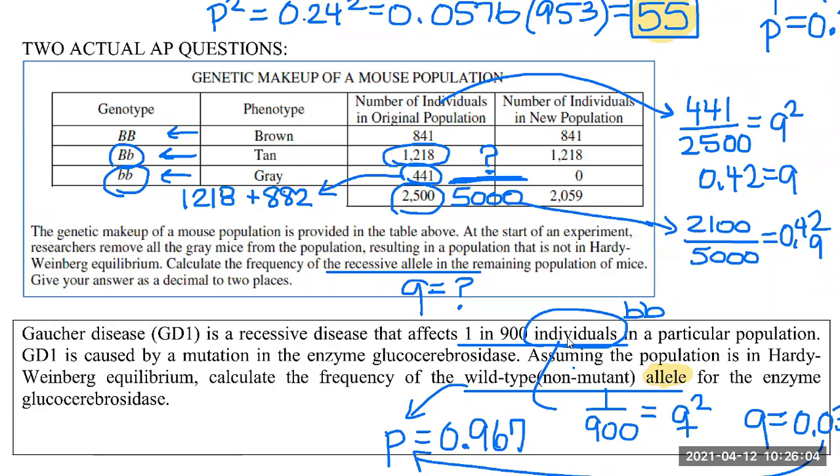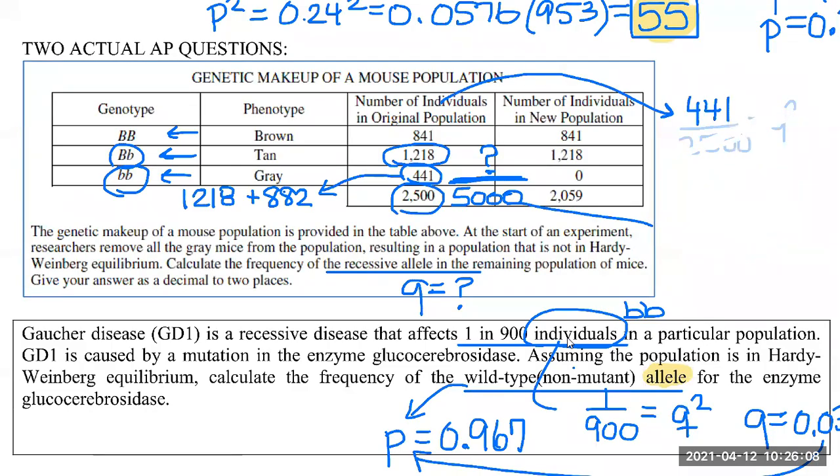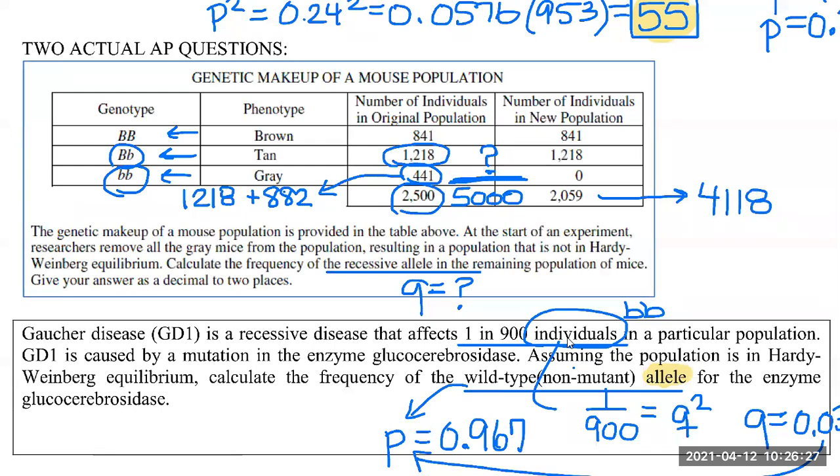So in my new population, I don't have any little b, no homozygous recessive. So how many total alleles are in my population? Well, again, every living mouse has 2 copies. So 2,059 times 2 is 4,118 total alleles in the population.